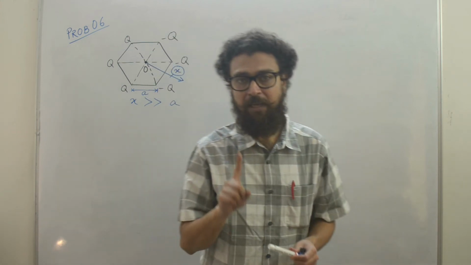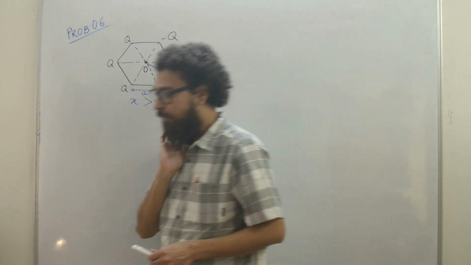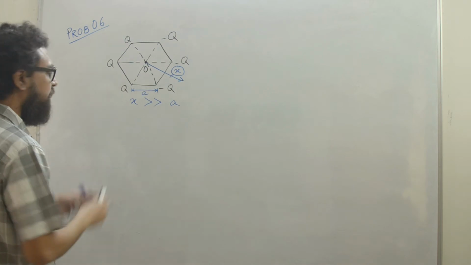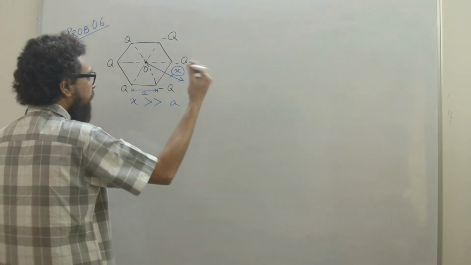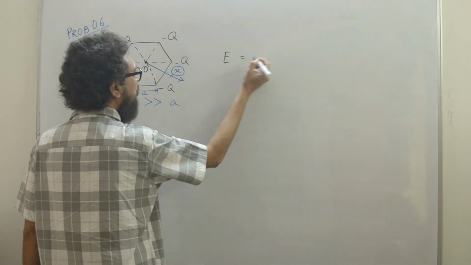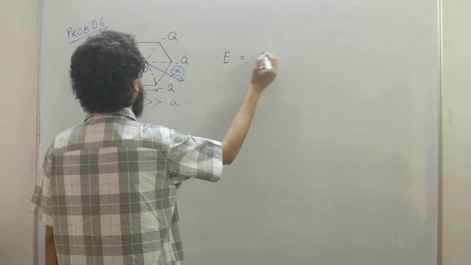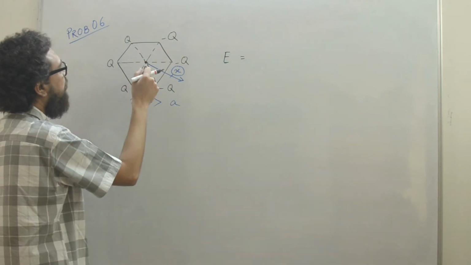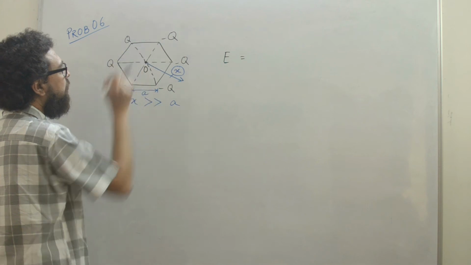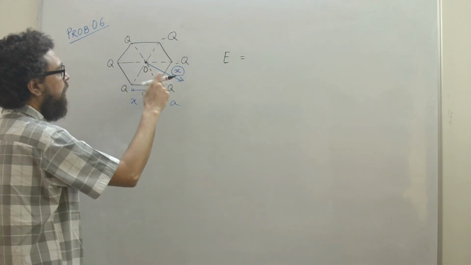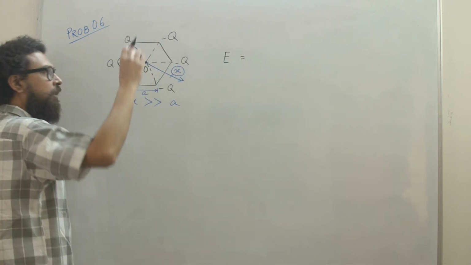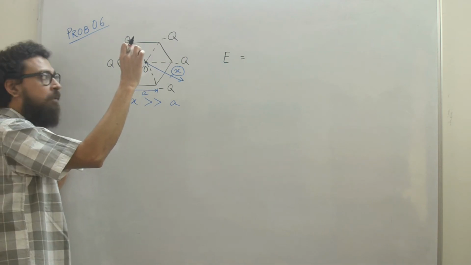These are the things they have given. So you have to find the electric field at this point. Let us solve it. What I am going to write, the electric field will be equal to... you can see the dipoles here: the dipole this and this, the dipole this and this, and the dipole this and this, and we are calculating at a plane which is somewhere here, right?